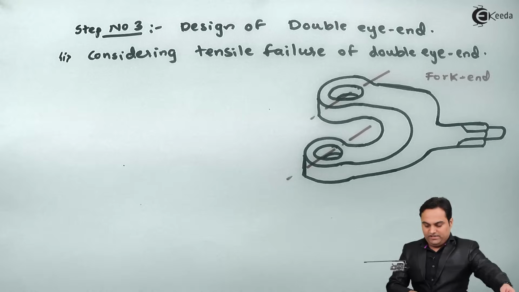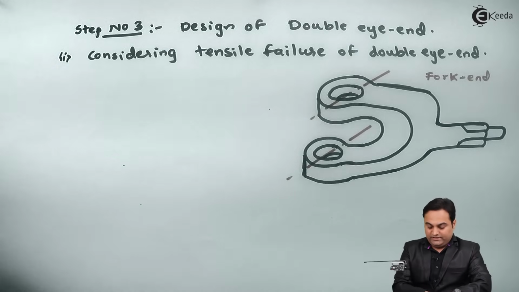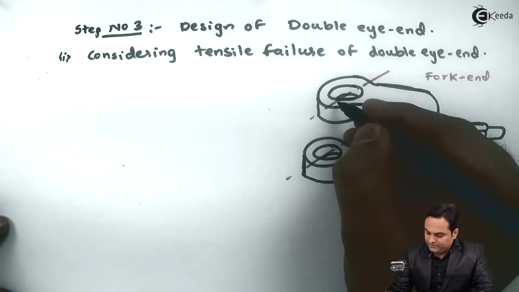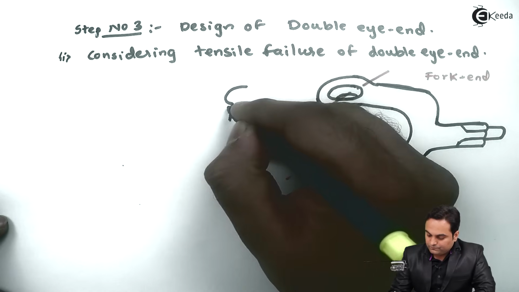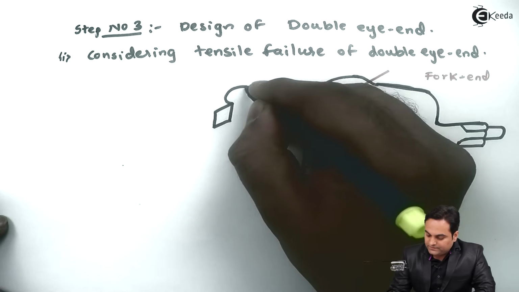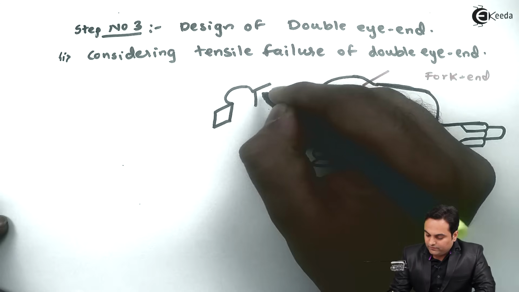So the shearing area will be here, the tensile area, I can draw it, it will break into 2 halves like this. The area will look like this.